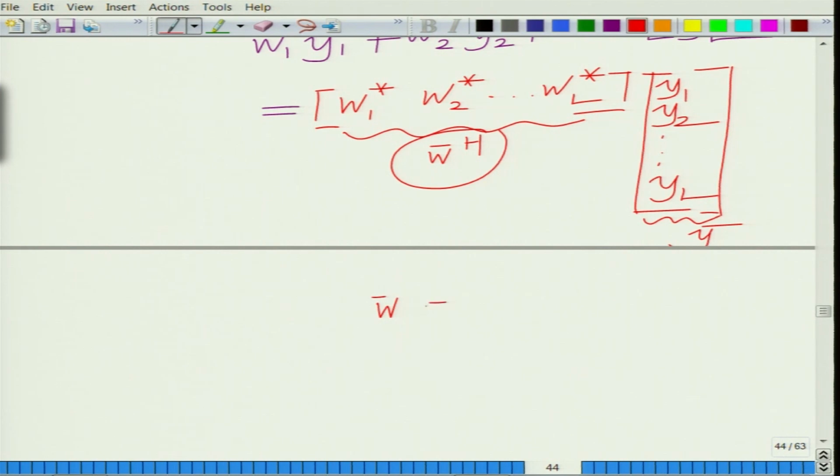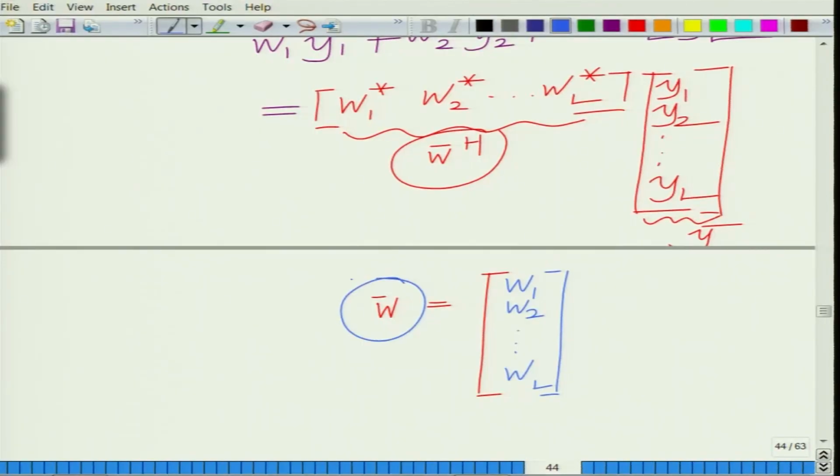You have this vector W bar of the weights, W1, W2, ..., WL. You take the transpose and the conjugate of each element, that is the column vector becomes a row vector, and then we take the conjugate of each element.